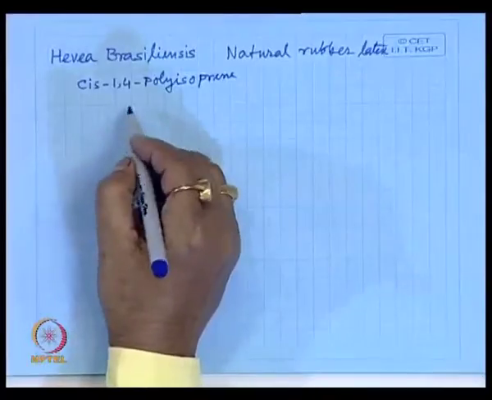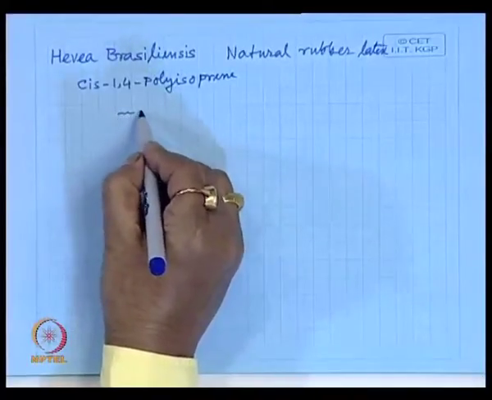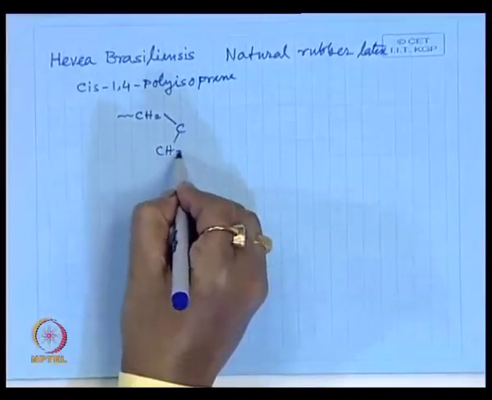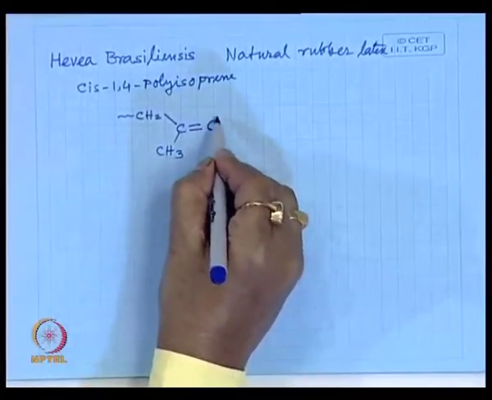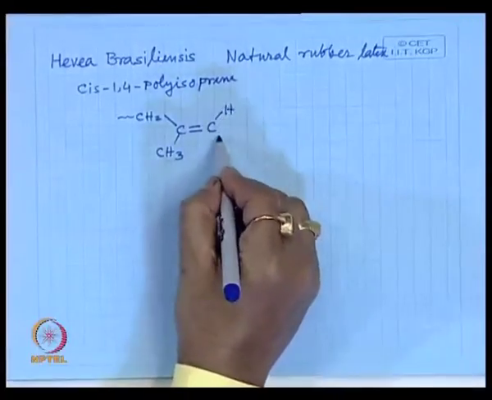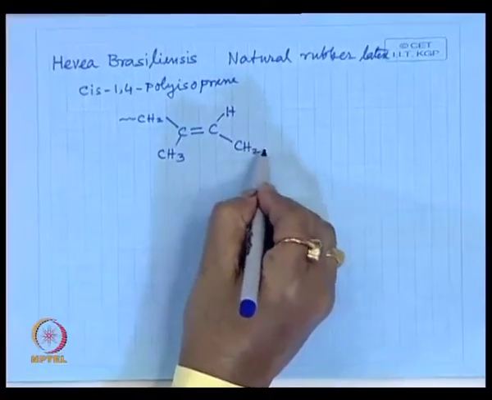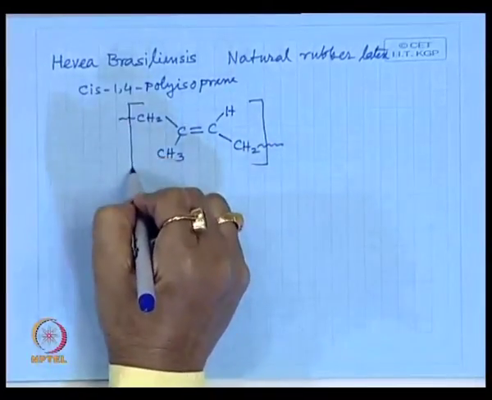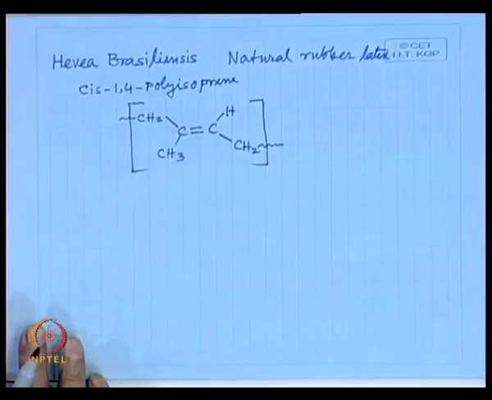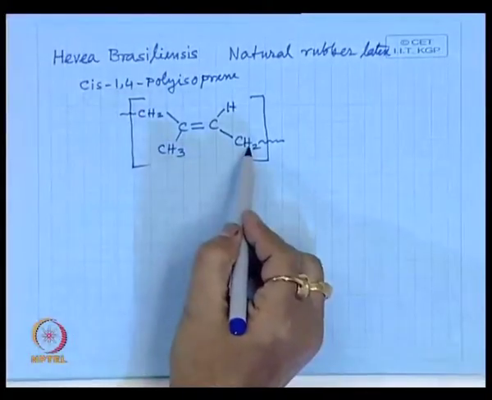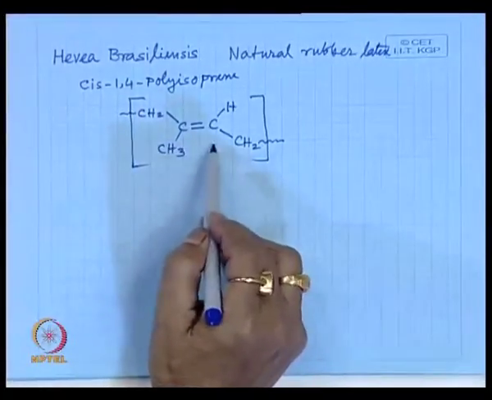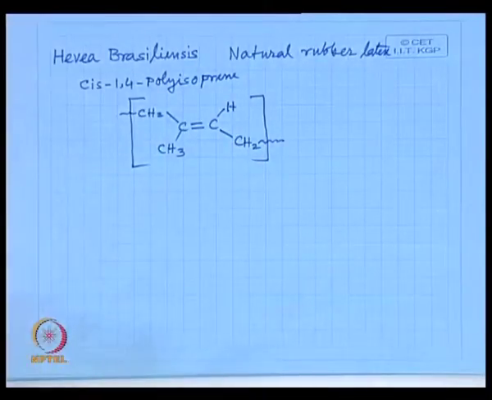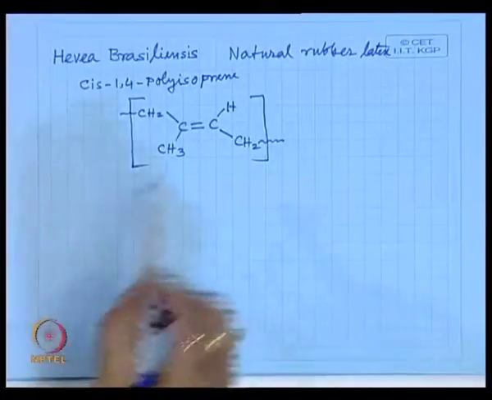And its chemical formula is this: this is the one unit of cis 1,4 isoprene unit repeated in sequence. That is why it is called cis 1,4 polyisoprene.